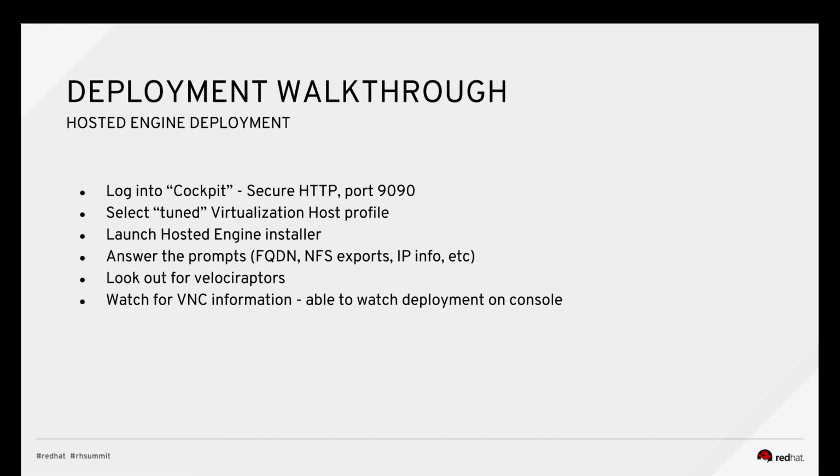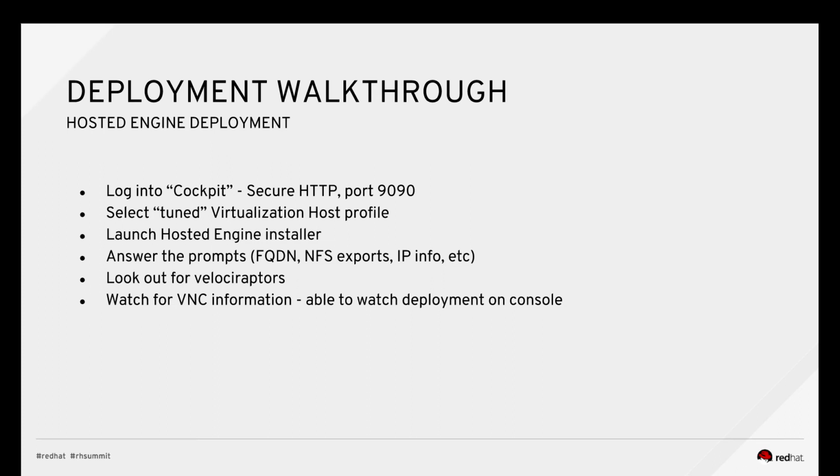Once the Red Hat Virtualization host is deployed, log into the Cockpit host administration tool. That's opening up a web browser and going to secure HTTP, using the host name and port 9090, and then select the TuneD virtualization host profile.